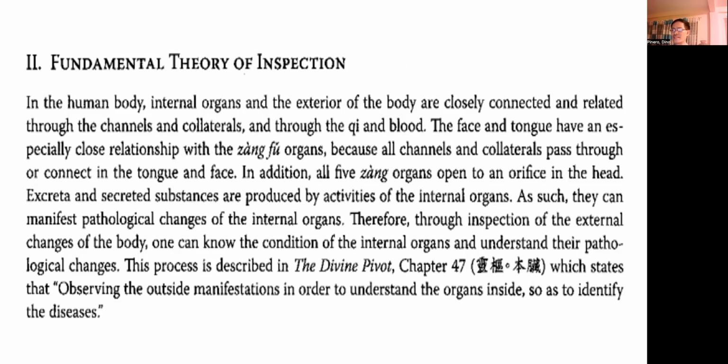This process is described in the Divine Pivot, which states that observing the outside manifestations in order to understand the organ inside so as to identify the disease. So, what is observed on the outside helps us understand the condition inside the patient.